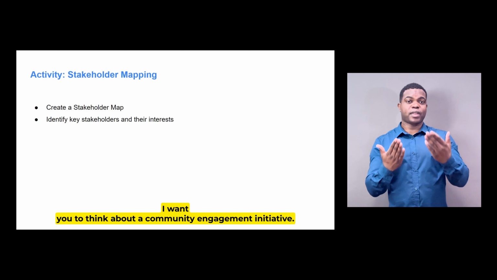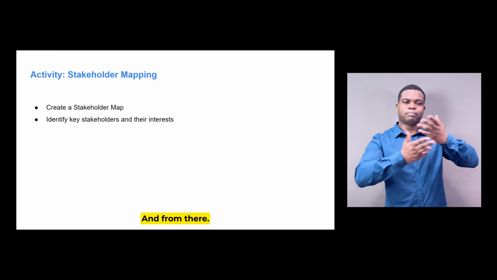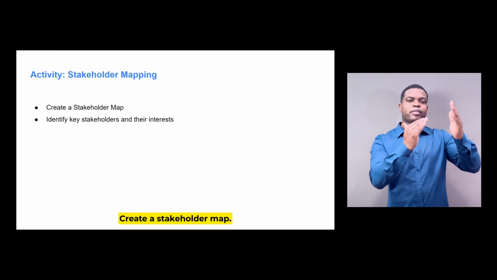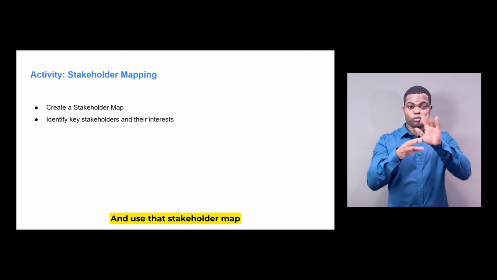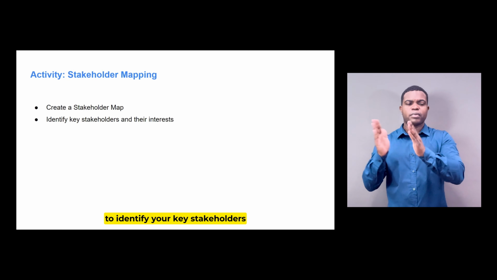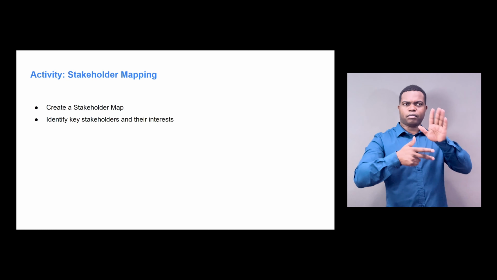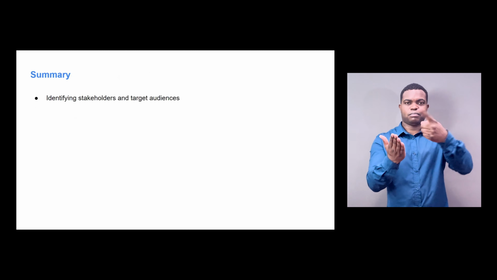Now, I want you to think about a community engagement initiative, and from there, map out your stakeholders, create a stakeholder map, and use that stakeholder map to identify your key stakeholders and their interests. So that is an activity for you.